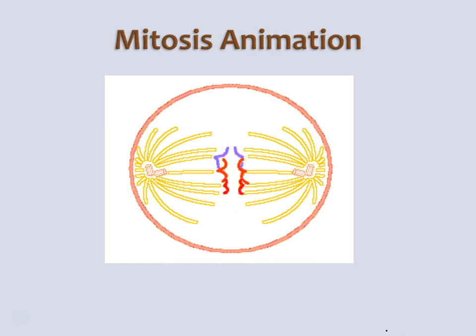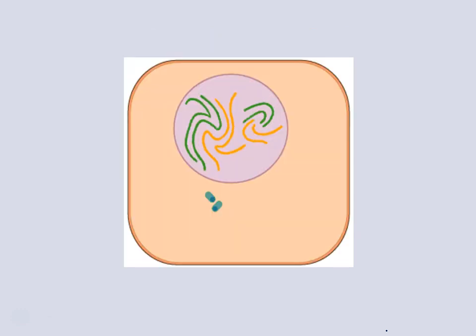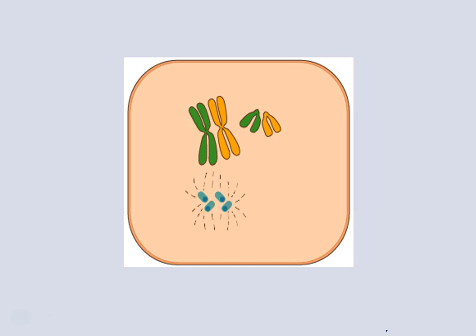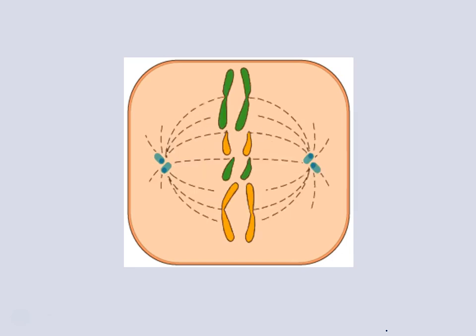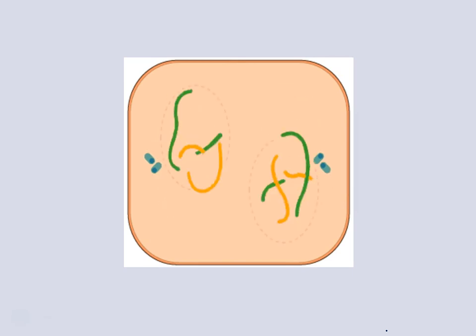This is one of those things that's usually easier to understand if you can see it flowing. So let's take a look at this animation. Here's another version. You can see your chromosomes condensing. Nuclear envelope is disappearing. Your spindle fibers form. Line them up in the middle, then pull them away.